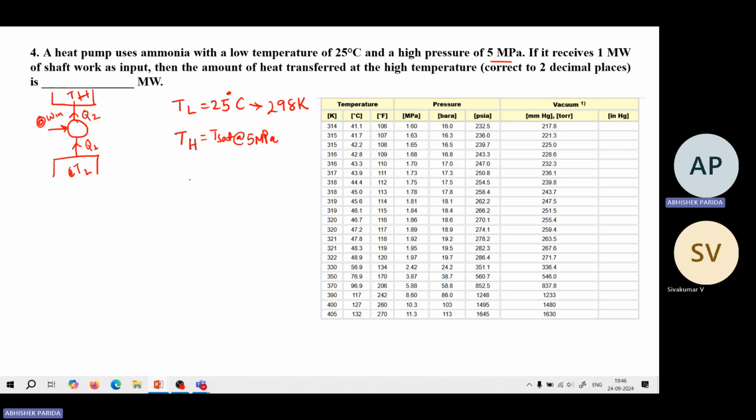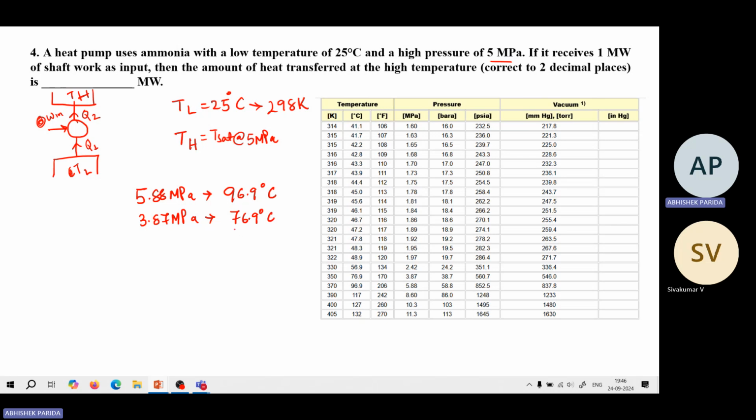So using this table, you will find that at 5.88 megapascal, we have a T saturation of 96.9 degrees Celsius. Similarly, at 3.87 megapascal, the saturation temperature that we see is 76.9 degrees Celsius.